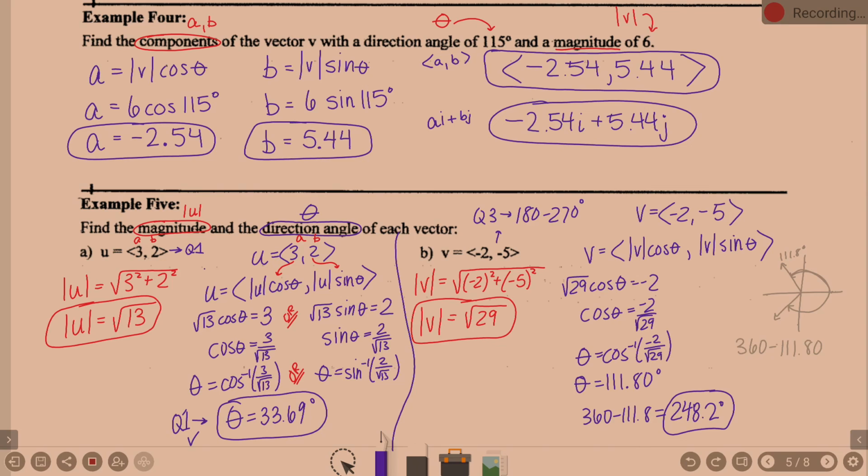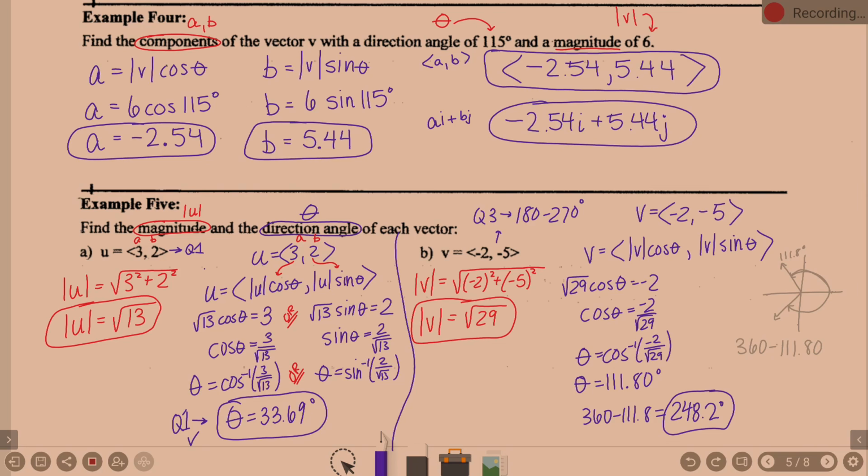Okay. How do you do the other one? So the other one you said, negative 68.2. Oh wait, it's negative? Yeah. Okay, here's my thought.